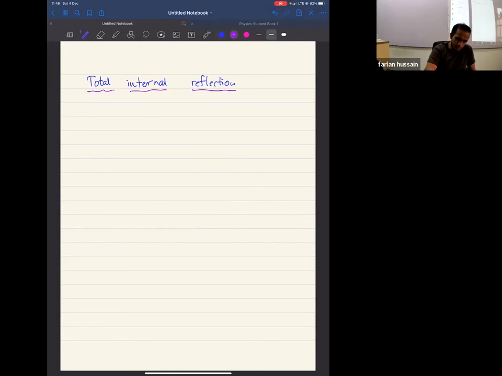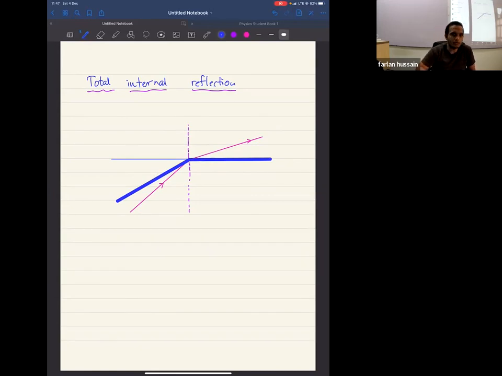So guys, we spoke about now if there is a denser medium and the light is traveling from denser medium to less denser medium, it bends away from the normal. So when you increase the angle of incidence, at one particular angle of incidence, the angle of refraction will become 90 and it will go along the boundary between the two media.